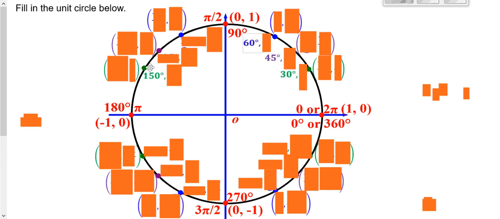If I take this green point and reflect it over the x-axis, I get this green point. So instead of being 30 degrees back, I'd be 30 degrees forward, 180 plus 30 degrees would be this. If I reflect this green point down to this green point here, instead of being up 30, I'd be back 30, 30 degrees back from 360.